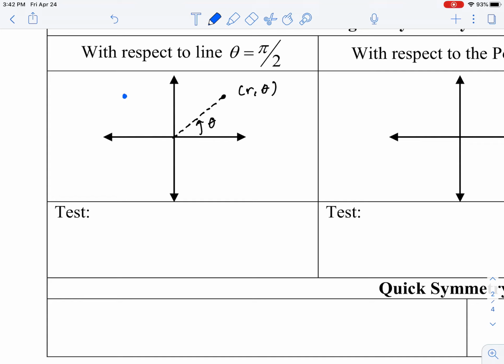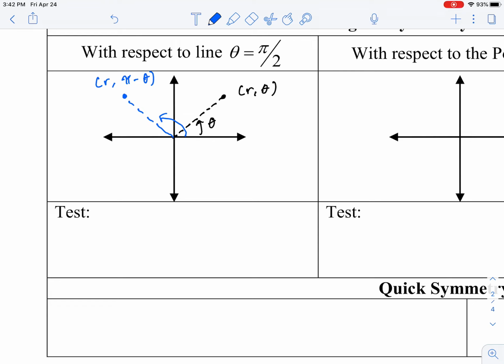How would I describe that point? I can use the same directed distance of r, but that angle would have to be the supplement of theta. In other words, this is pi minus theta.